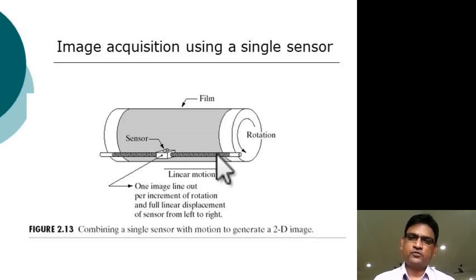Like this we have to perform for the entire 360 degrees to obtain a 2D image. So here one image line will be scanned per increment of the rotation and also the linear motion of the sensor from left to right.